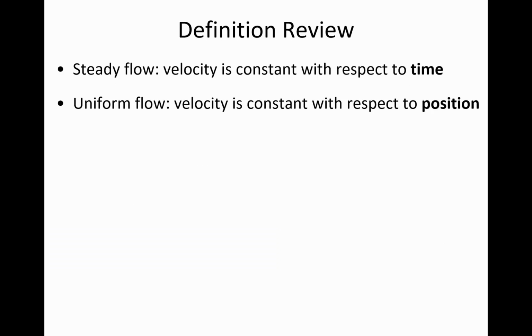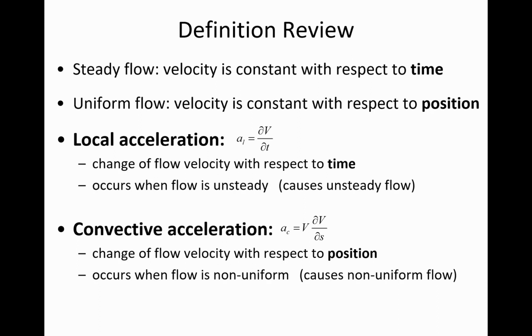Now, just to review, steady flow is where velocity is constant with respect to time. Uniform flow is where the velocity is constant with respect to position. Local acceleration causes unsteady flow, and it's where the velocity is changing over time. And so the formula for local acceleration is some change in velocity with respect to time.